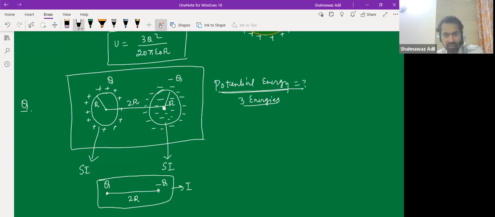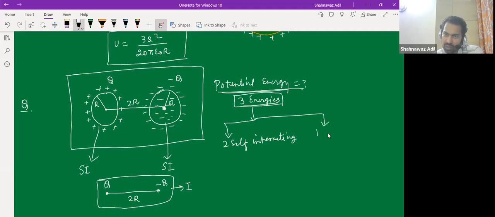That is why we have three energies: two self-interacting and this one interacting. So let us find out what the self-interacting ones are.